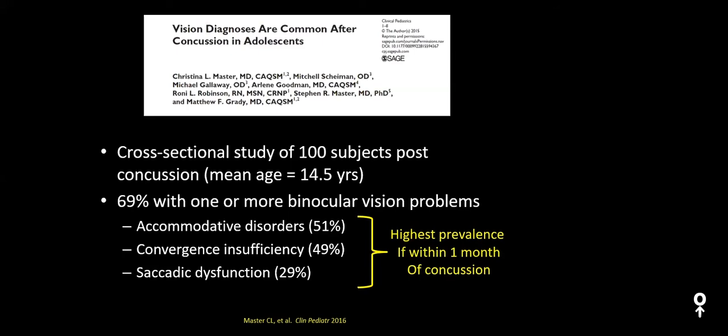And what they found was that 70% of these individuals had some degree of a binocular vision problem, either problems with focusing, problems with turning the eyes in, or problems with very rapid micro eye movements, problems with saccadic dysfunction. And most of these individuals, it wasn't just one, but a series of these binocular vision problems that were encountered. Next slide, please.